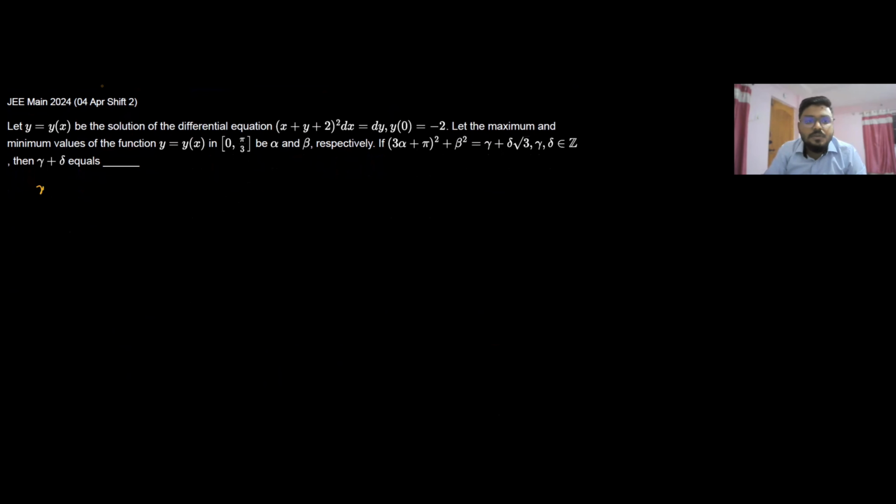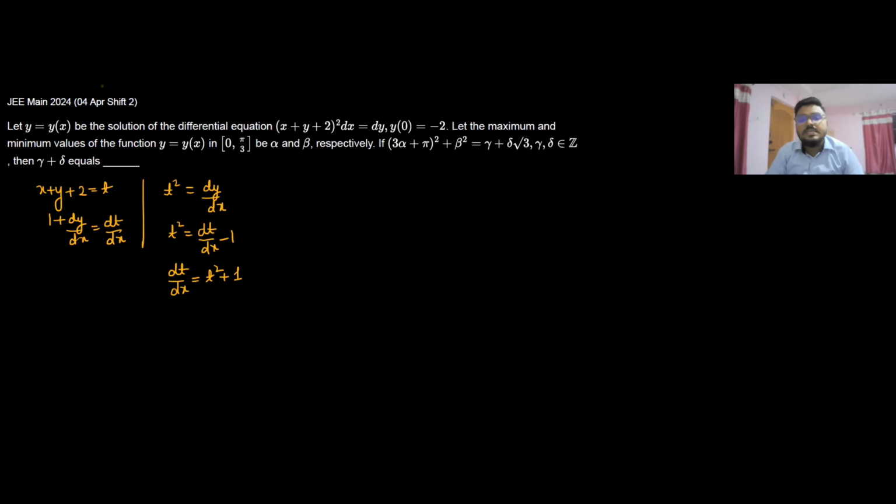So first what we will do is put x plus y plus 2 as t. So 1 plus dy by dx equal to dt by dx. Now my question reduces to t square equal to dy by dx, and dy by dx from here we can write as dt by dx minus 1. So this is now dt by dx is equal to t square plus 1.